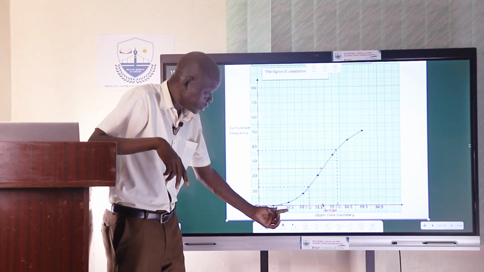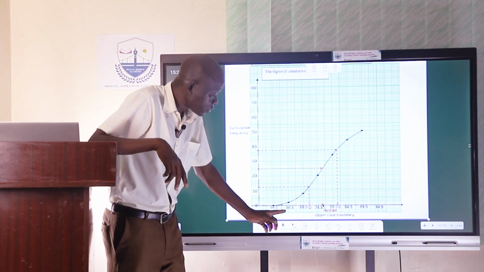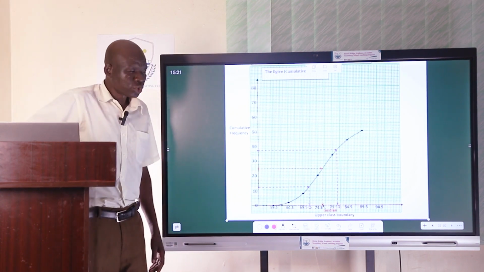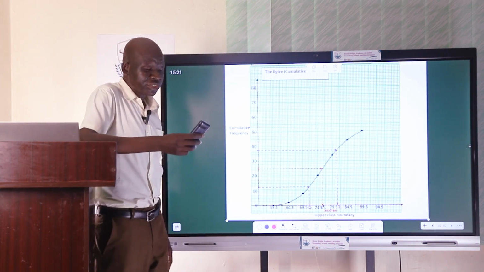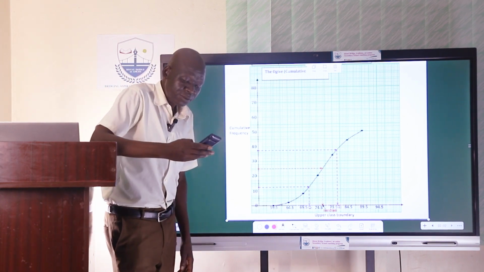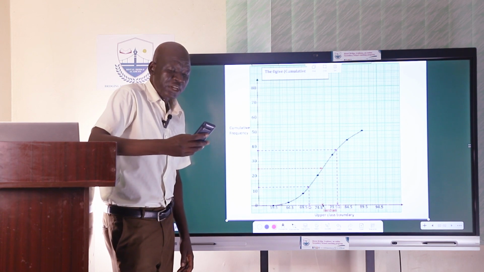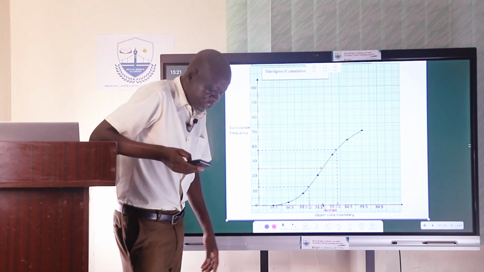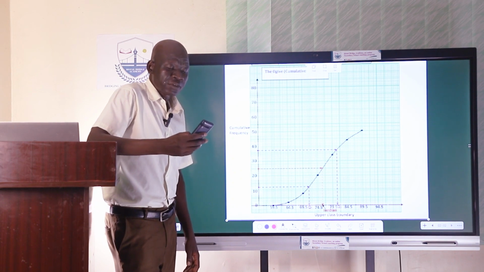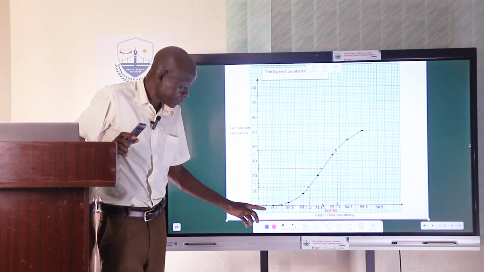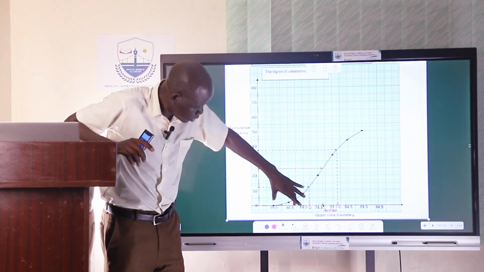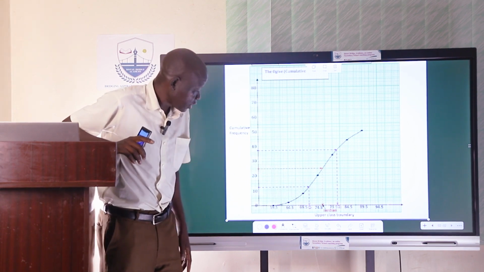So what is the range between 64.5 and 59.5? To get the range, you will subtract. That is 64.5 minus 59.5. We get 5. So the interval here, or what we call the range there, is 5.